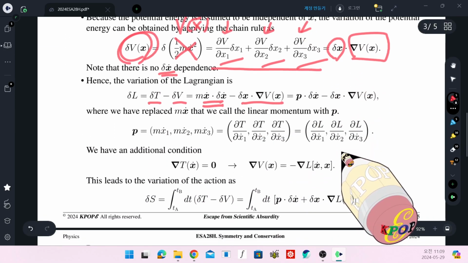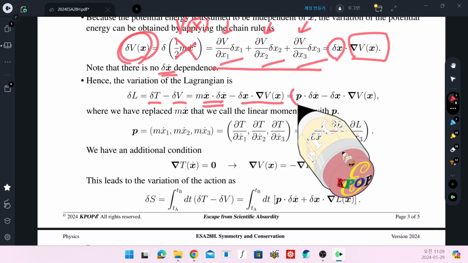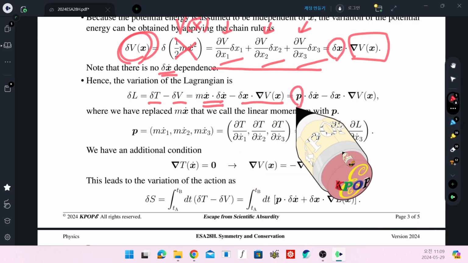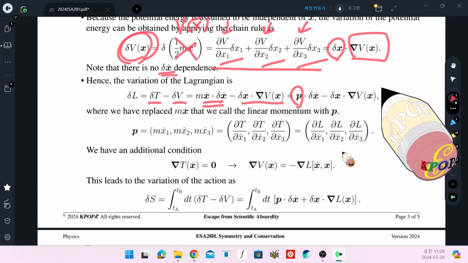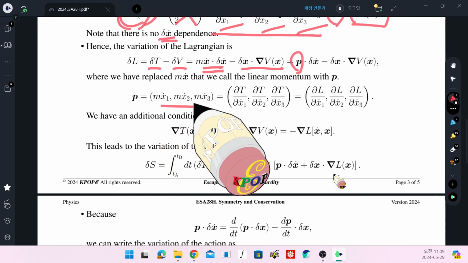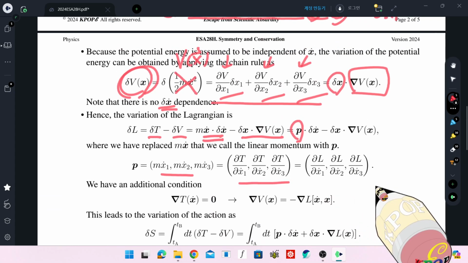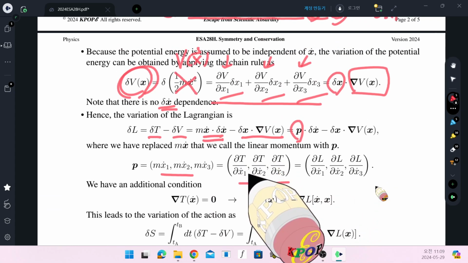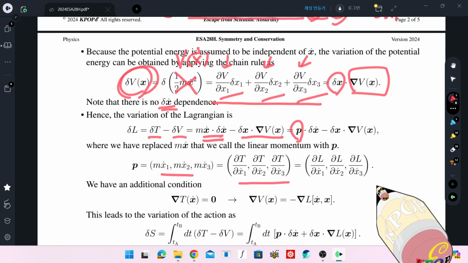We find it here. As I told you, mass times velocity is the linear momentum of the particle. Minus gradient V appears here. The linear momentum of the particle can also be expressed as the partial derivative of the kinetic energy with respect to each Cartesian component.